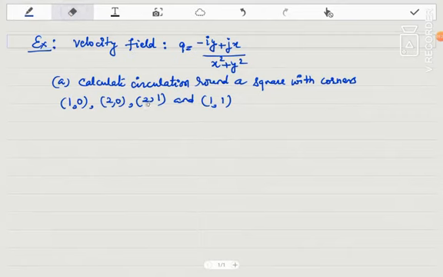This is the first part of the question. In the second part we will find the circulation round a circle. So first of all we will do the first part.